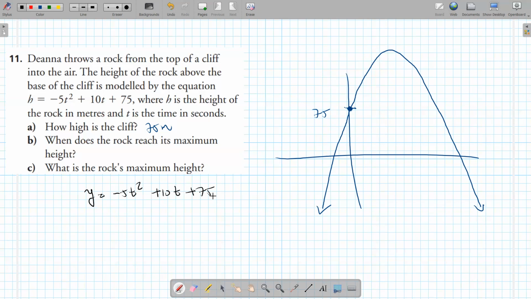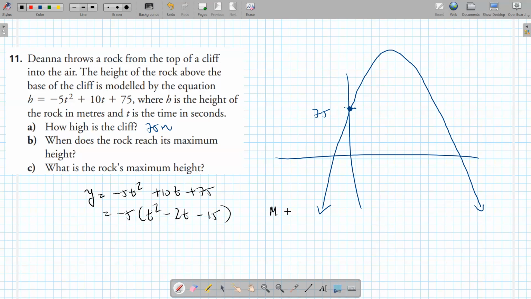You can pull out negative 5. All right, let's do that. What are you left with if you pull out negative 5? t squared minus 2t, and then minus 15.